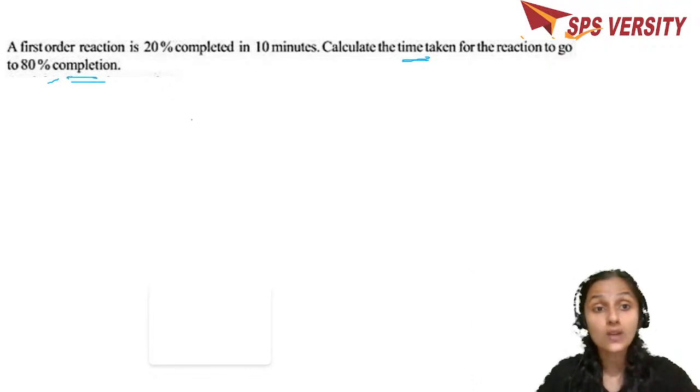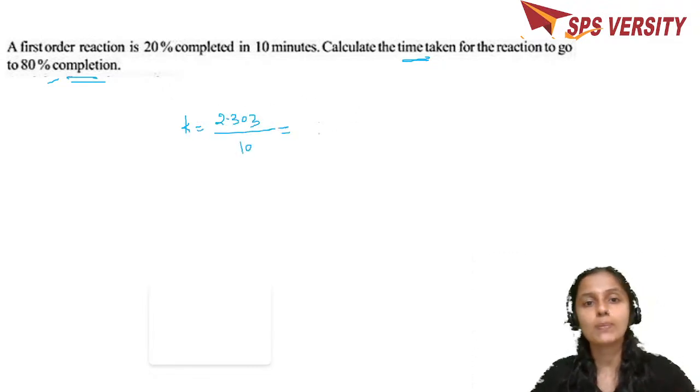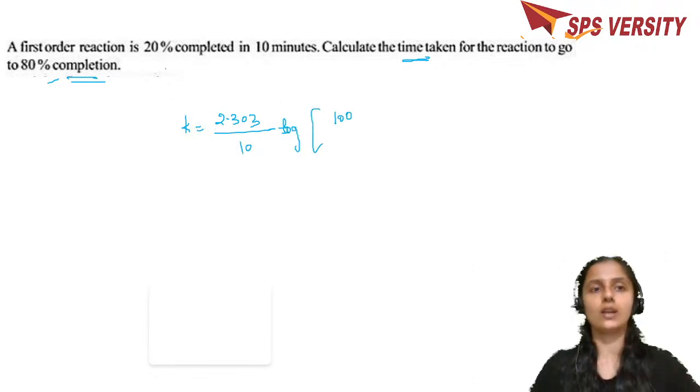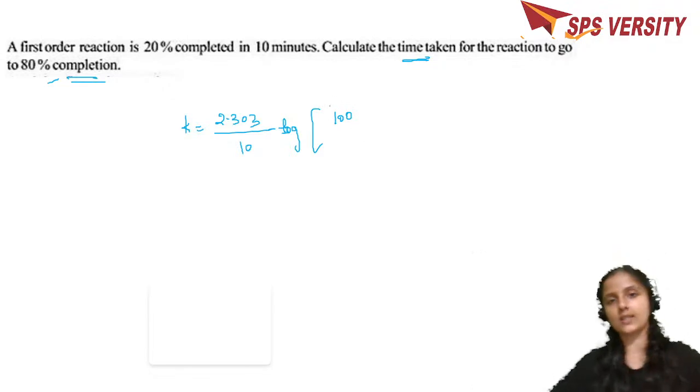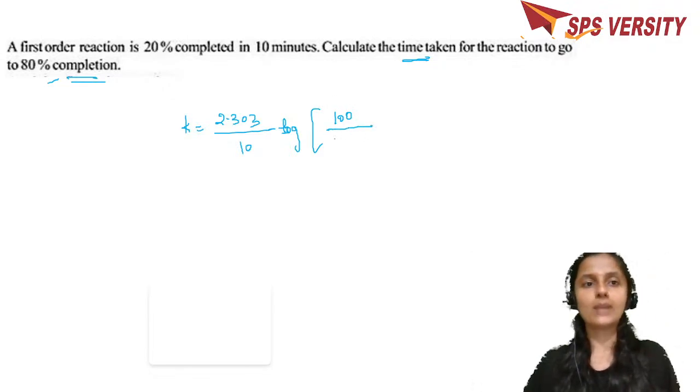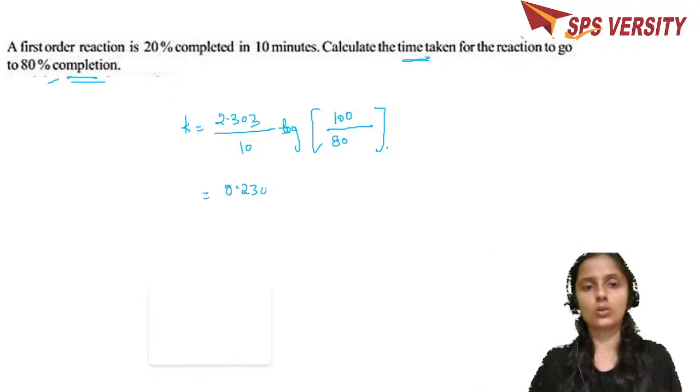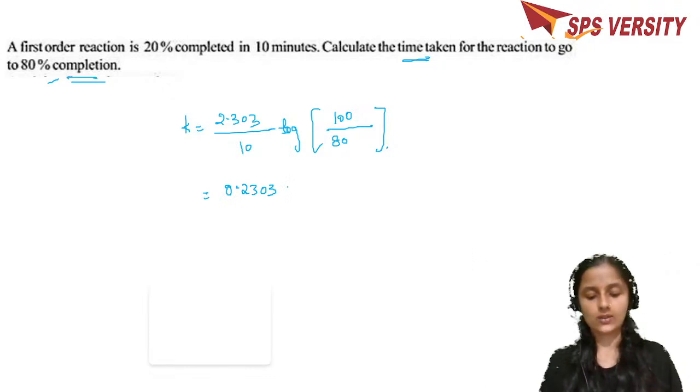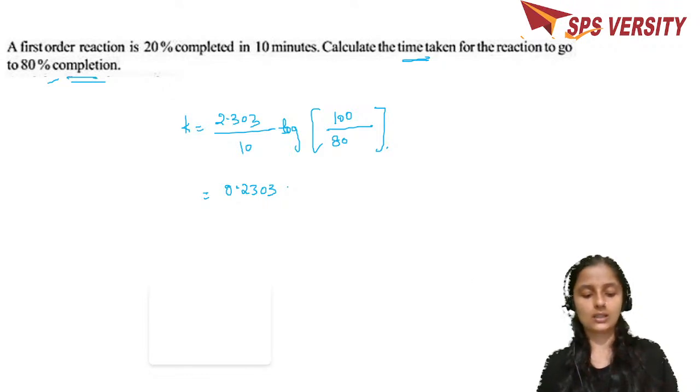So you have to start with determination of rate constant, 2.303 divided by 10, 20% completed. What do you mean by 20% completed? Initially it was 100. Whenever the percentage is given, you have to take it as initially it was 100. 20% completed in the sense the remaining is 80. So it is 2.303 log of 100 by 80. You can calculate that if you have, but generally in the examination they'll be providing this.